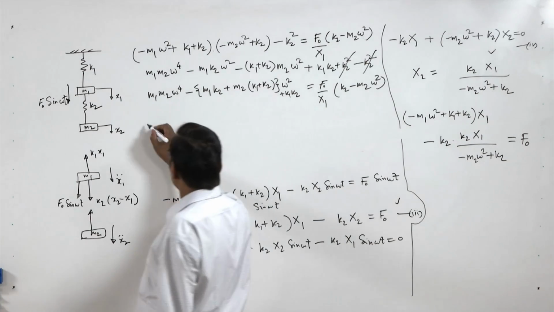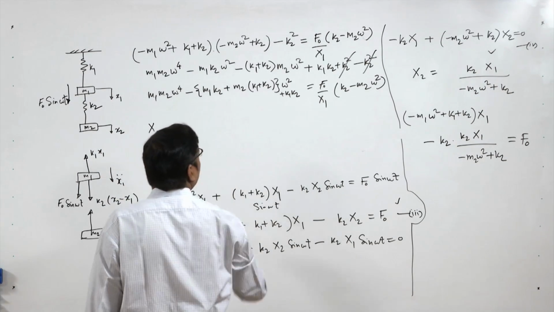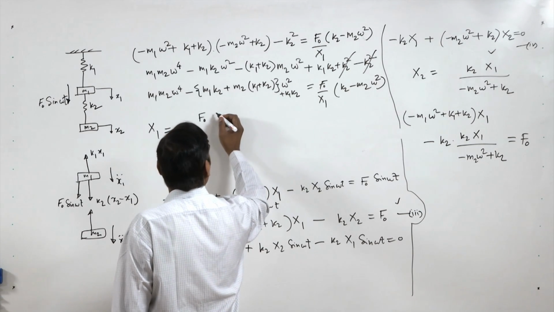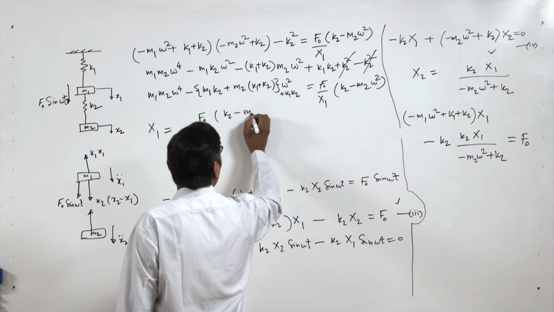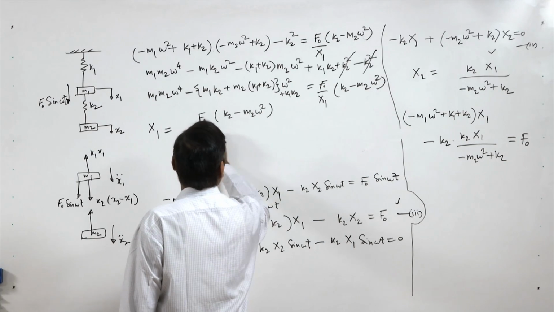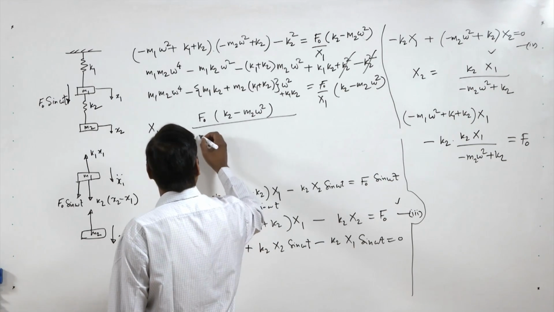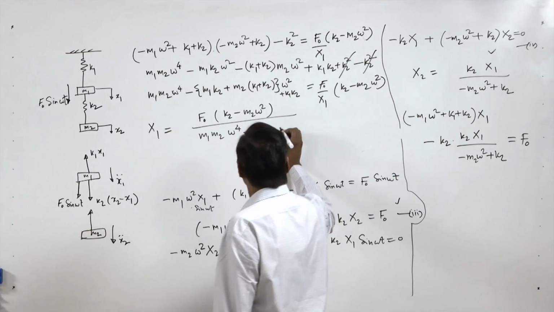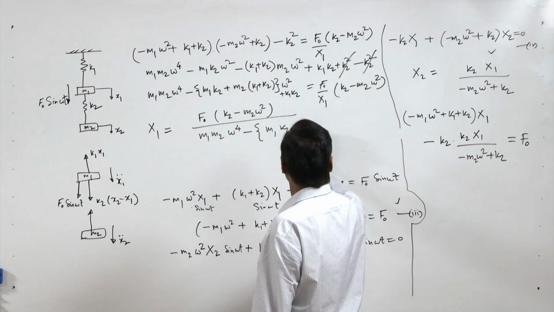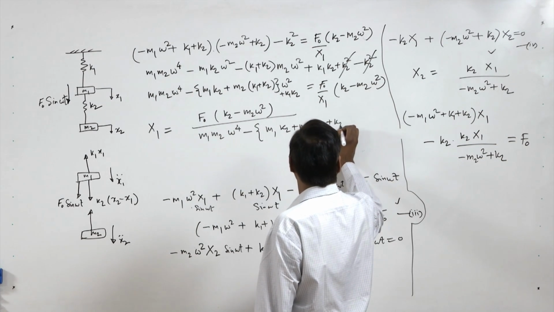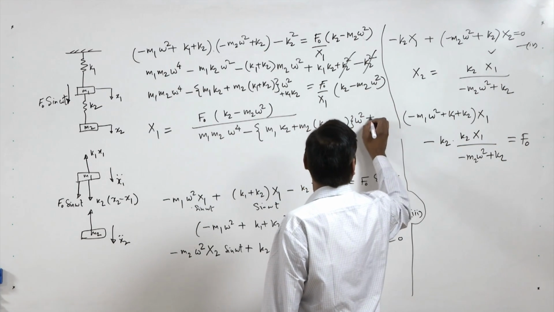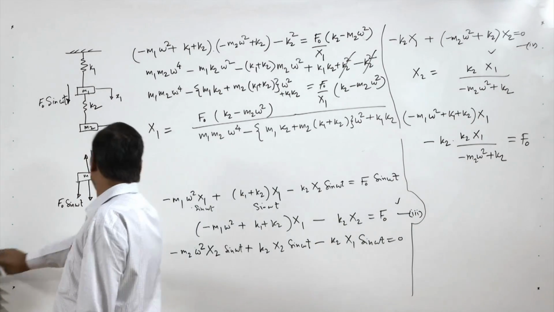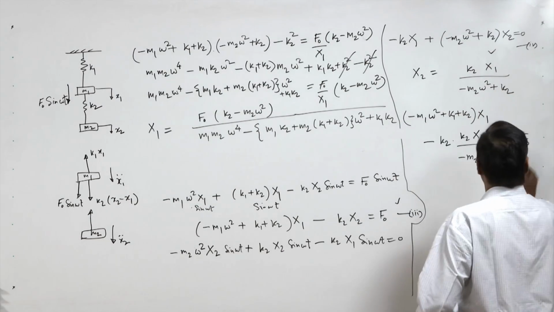So X1 is equal to F0 (k2 minus m2 omega square) upon m1 m2 omega power 4 minus (m1 k2 plus m2 (k1 plus k2)) omega square plus k1 k2. Okay, so we have got X1.